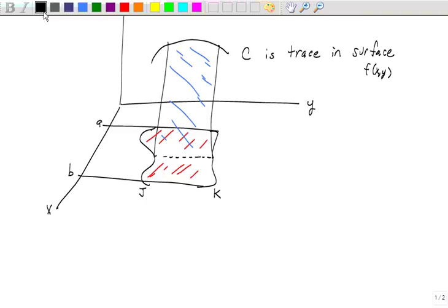And if I write in the red, that's say A of x, it is going to be the integral from j to k, whatever those curves are, with respect to y.